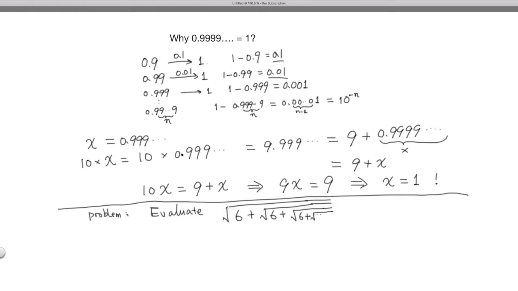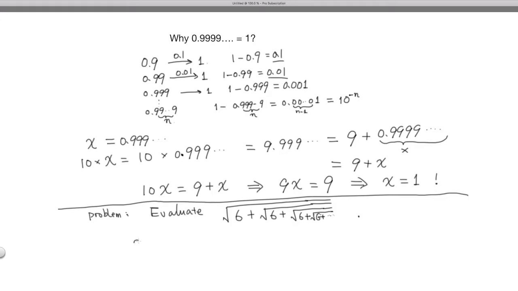So the number is basically the square root of 6 plus the square root of 6 plus the square root of 6 plus, and it just keeps going. What is this number? We're going to use a technique very similar to the above.